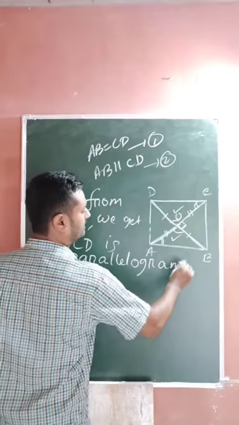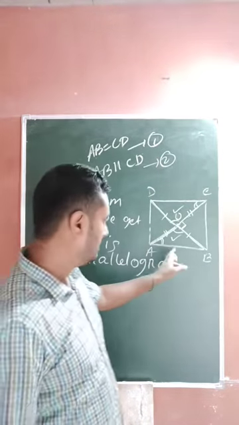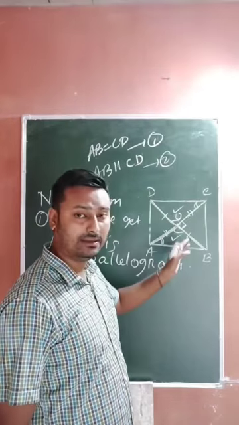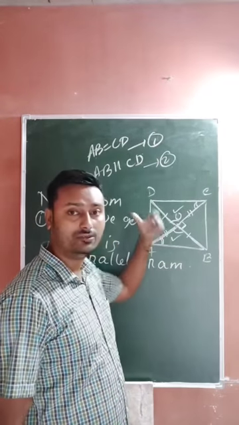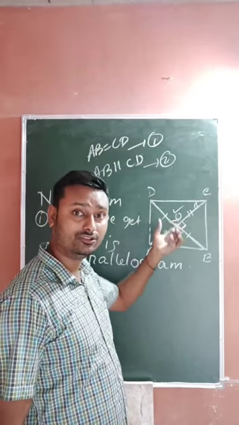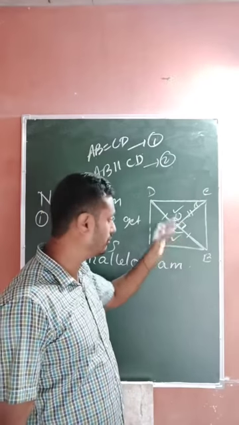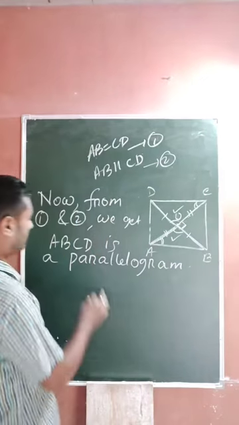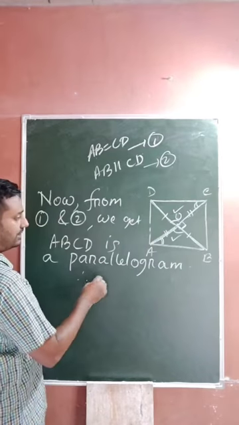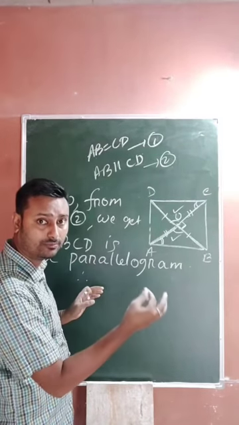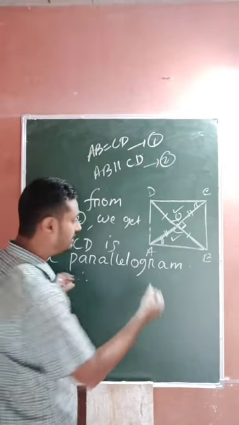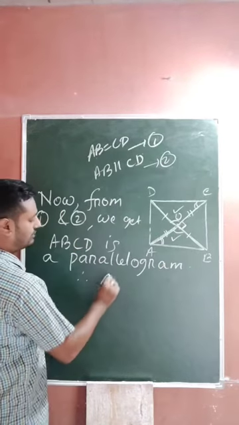You may think that in case of a parallelogram, diagonals bisect each other, so why do we prove this? Why are we not using this? In this question you cannot use these things because we are going to prove this one. So ABCD is a parallelogram, that means opposite sides are equal. AB and BC are also equal.